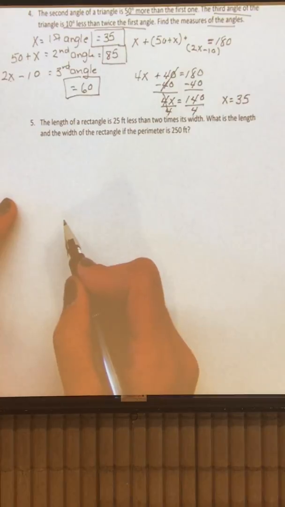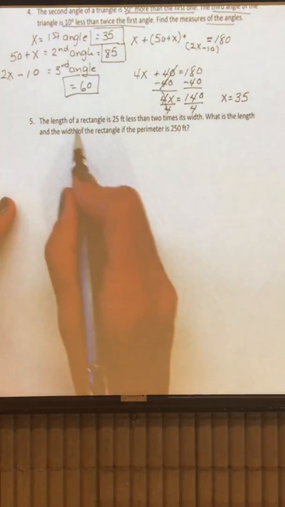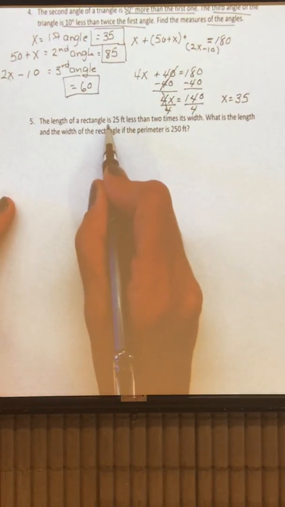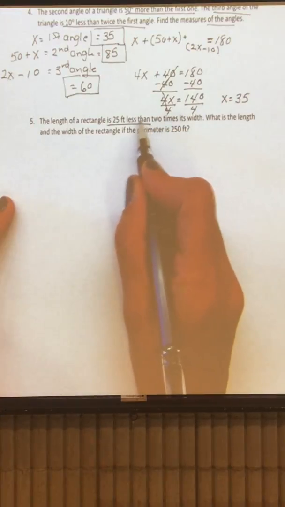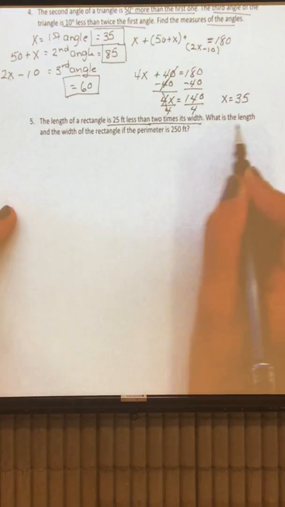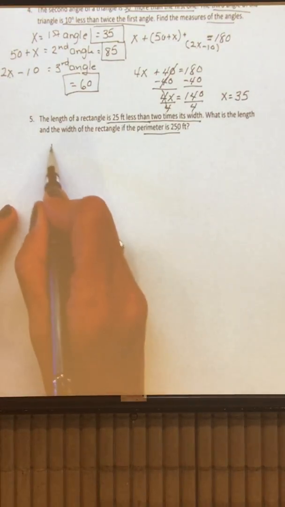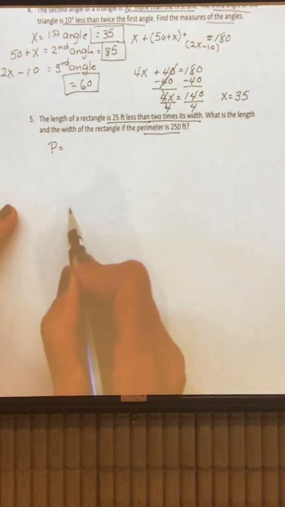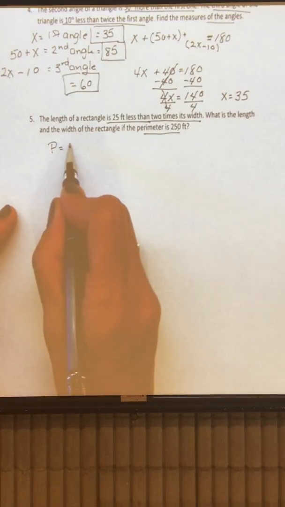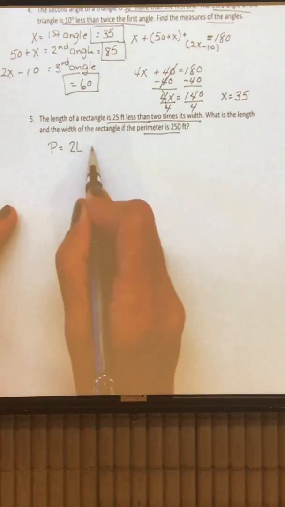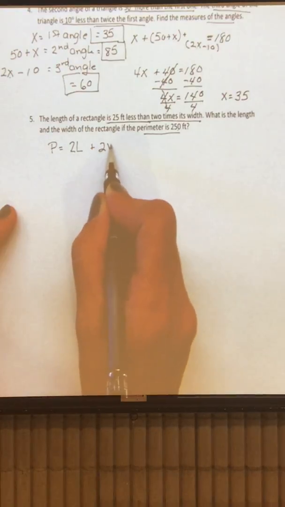The last, number 5, the length of a rectangle is 25 feet less than 2 times its width. What is the length and the width of the rectangle if the perimeter is 250 feet? Let's write our formula for perimeter of a rectangle. P is equal to 2 times the length plus 2 times the width.